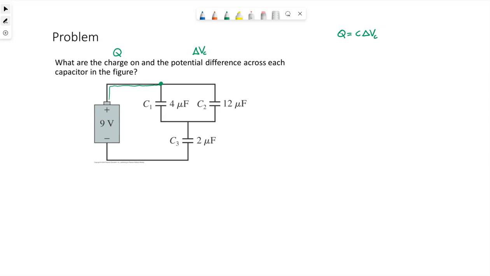I can either go through the 4 microfarad capacitor, or I can come the other way and go through the 12. Either way I get to another junction where then I must go through the 2 microfarad capacitor and get back to the other end of the battery.